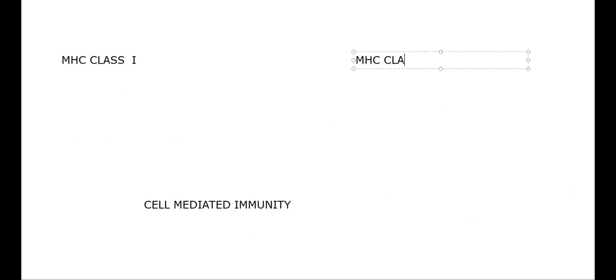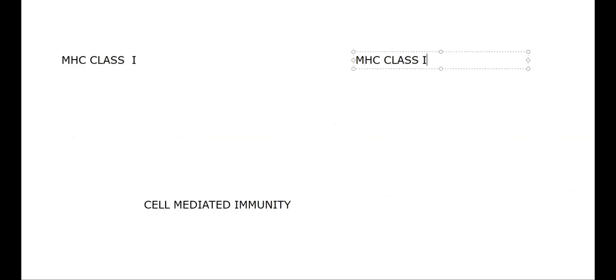The immunity which is possible by T cytotoxic cells is called cell-mediated immunity. How is it possible? It may be through MHC class 1 containing cells, or through MHC class 2.